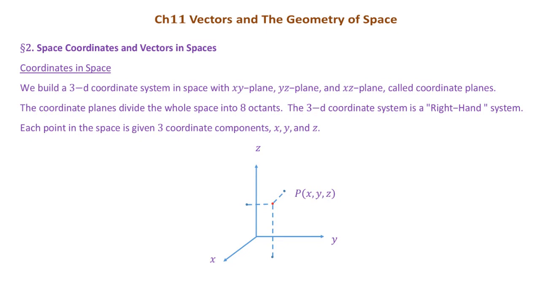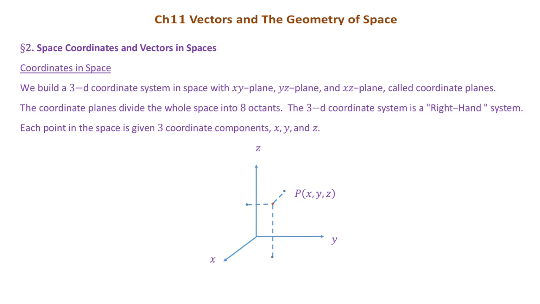The coordinates x, y, z of any point in 3D space are defined from the point to the yz, xz, and xy planes. For example, if you draw a line perpendicular to the yz plane, or parallel to the x-axis, you will get the x coordinate.